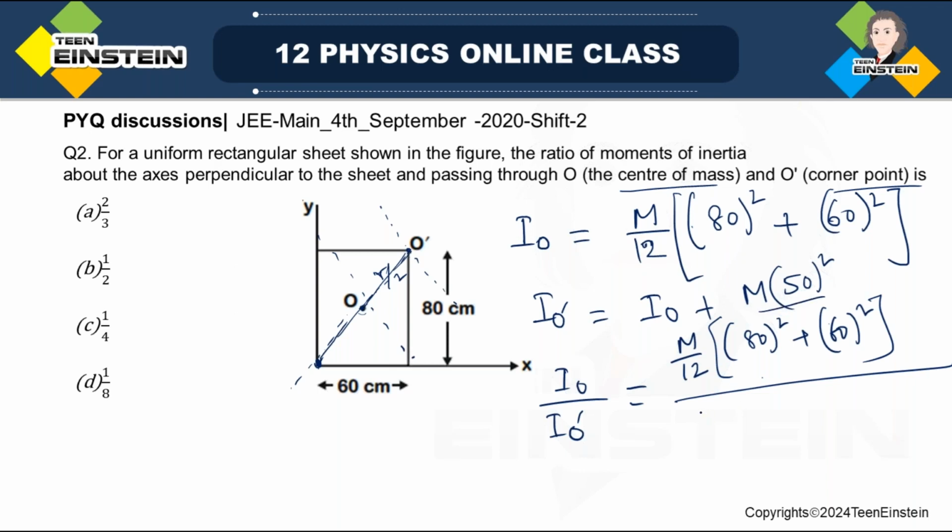Okay, so m by 12 plus m into 50 square. So these are the things. Now we have to do a little bit of simplification to get the final answer.